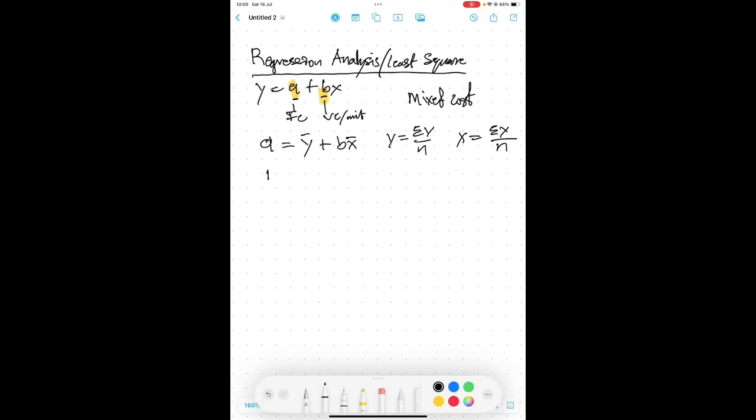So what is B? B, which is our variable cost per unit, the formula says N summation XY minus summation X, that is when we say summation X, it means sum all the items of X, times sum all the items in Y, all divided by N summation X squared minus summation X all squared.